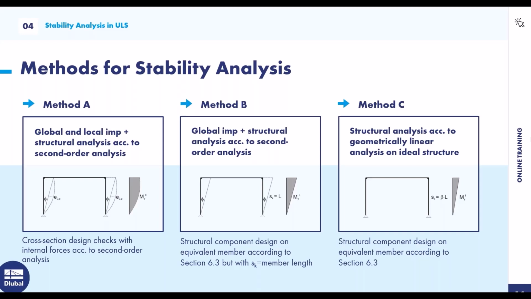But that's also a sentence in the Eurocode. For the design of the lateral torsional buckling, the application of the second order analysis is also required with that method. If you want to do lateral torsional buckling design for the horizontal beam, then you also need for this method to calculate according to second order analysis.